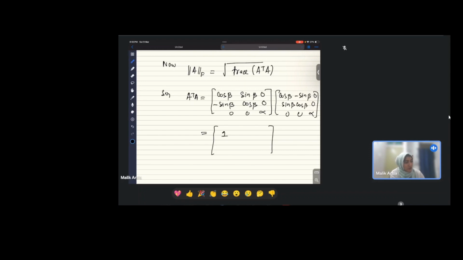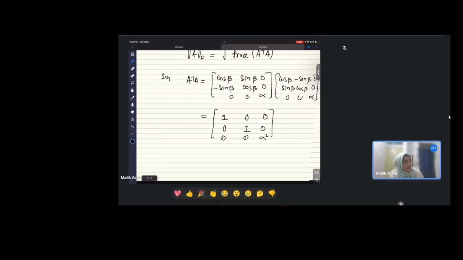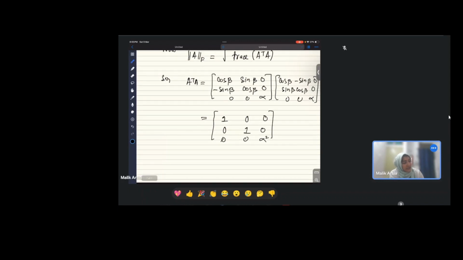Here again cos beta sine beta minus cos beta sine beta will be 0. This will be 0 in a similar way. The second one will be sine square beta plus cos square beta, which is equal to 1. This is again 0, 0, and 0, and the last element will be alpha, sorry, alpha square. Alpha into alpha will be alpha square.